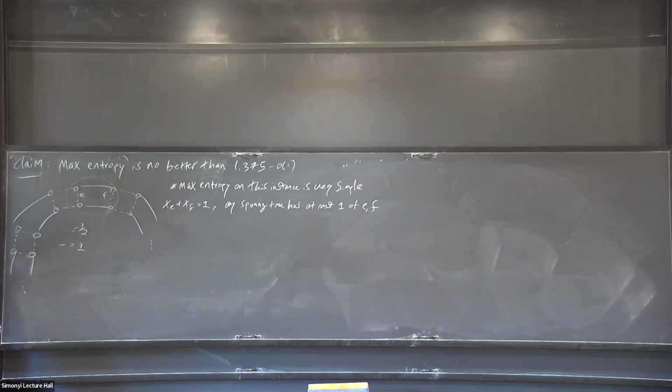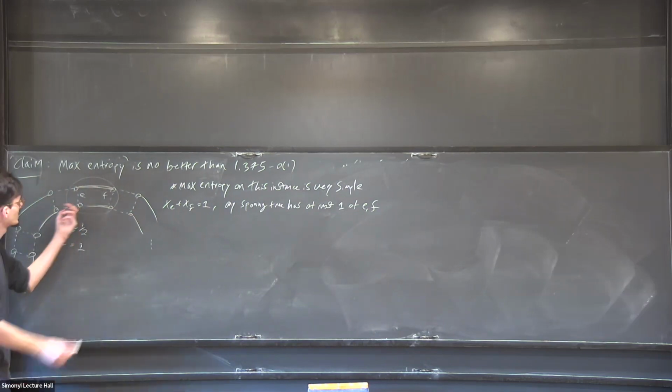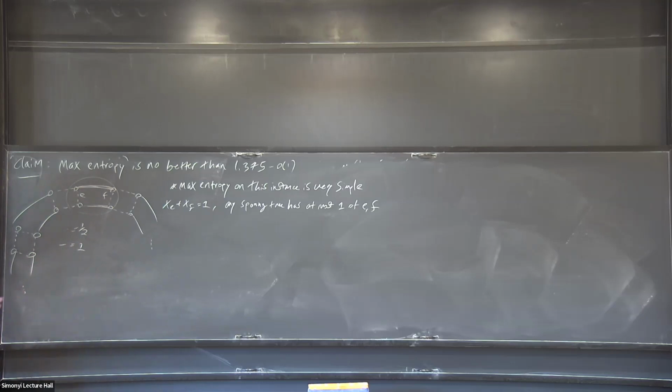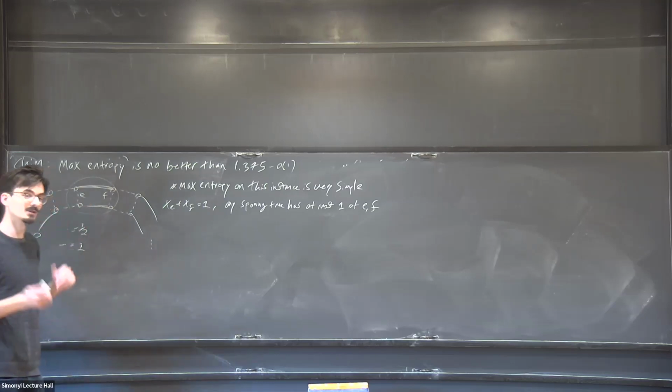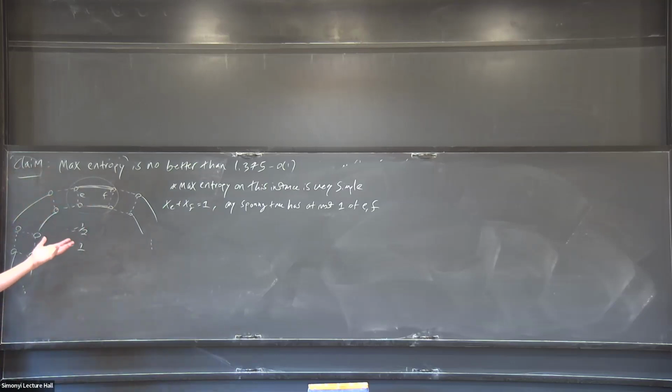Why is that? Because I'm always going to take the edges that are set to 1 in every spanning tree, since I'm taking a convex combination of x. But now I can't take both E and F because I would get a cycle. So I have 2 random variables, their expectation is 1, but I can only ever take one of them.